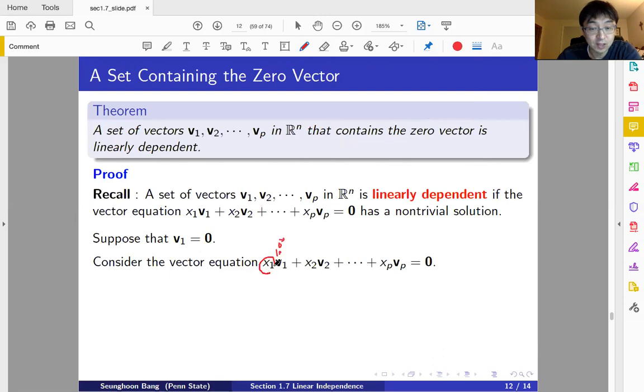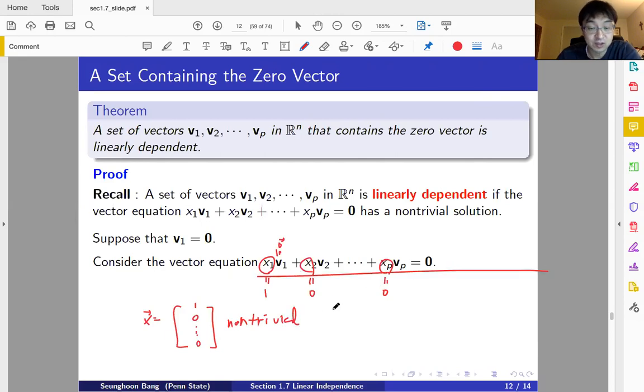We can choose x1 to be the number 1, x2 equal to 0, and so on up to xp equal to 0. So what is the vector x? The first entry is 1, the second is 0, and all the rest are 0. This is one non-trivial solution of the vector equation.